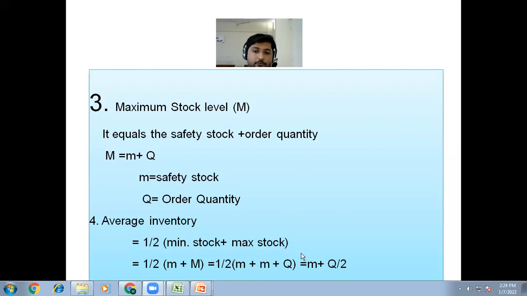We know that minimum stock level is small m, and maximum stock level is capital M, and capital M is equal to M plus Q. So put capital M equal to M plus Q in this equation, so that you get 1/2 inside the bracket M plus Q, so it is equal to M plus Q by 2. So your average inventory level should be equal to minimum stock plus half of the ordering quantity. Getting everyone?